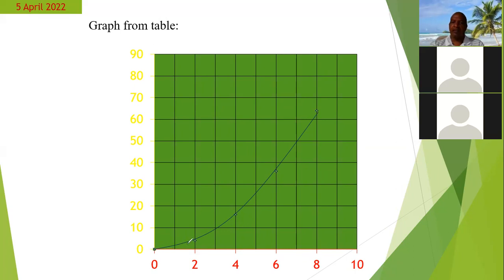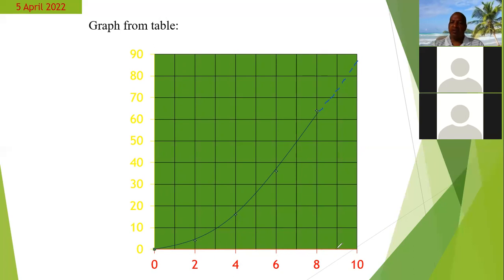Because this is a smooth curve and it is trending in a particular direction, we could use dotted lines to extend the curve based on the direction that it is trending. Then we could use that extended dotted line to find values outside the range of what is on the table.